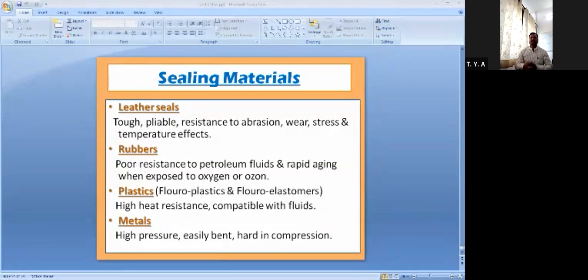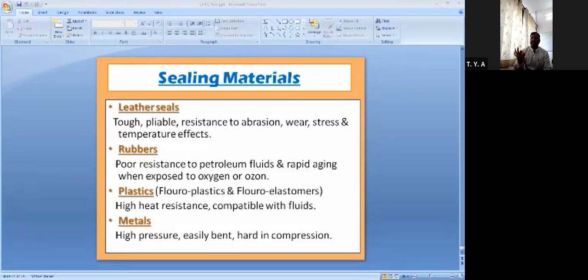For different applications, different metals have been used in the development of these sealing devices. Different materials are used for different seals, because different seals are used in different applications. Depending on the development of the sealing devices, different materials are introduced.